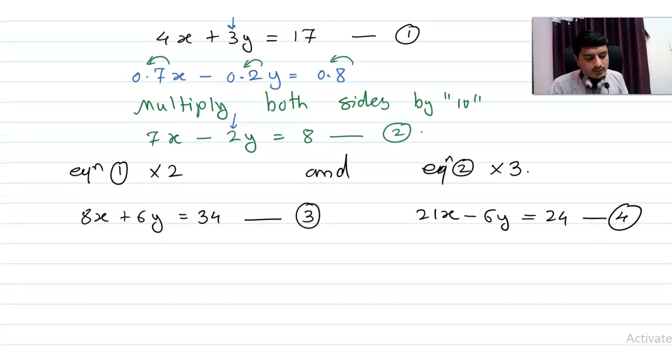Now look at equations 3 and 4 carefully. Once we add the equations, we can eliminate the variable y. So equation 3 plus equation 4.